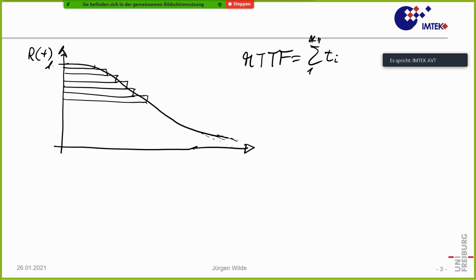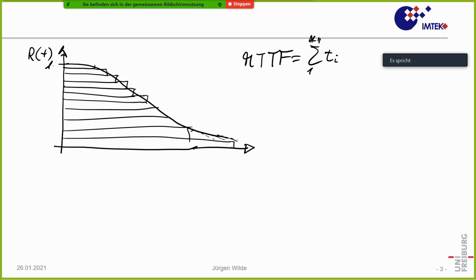For instance, what we could do is we take the integral over this curve, so that's the area under the curve, and here we can either integrate reliability over time, or we can integrate time over reliability, but here we need an analytical description of the function.